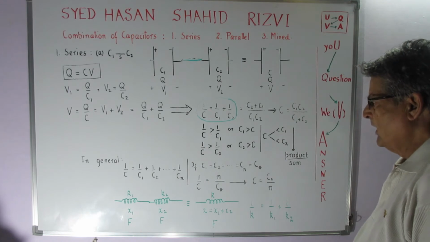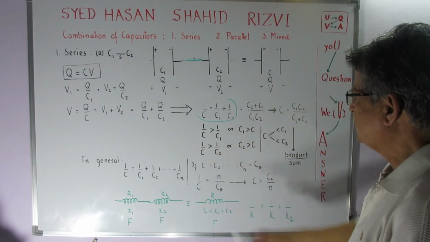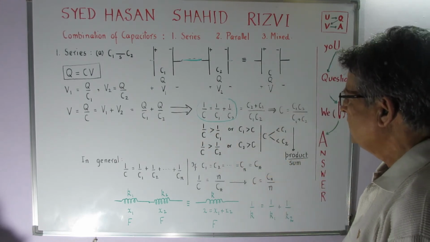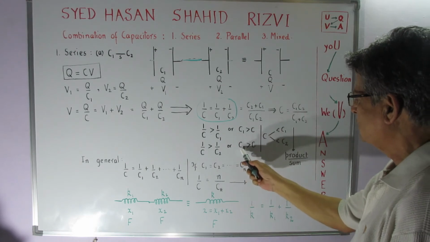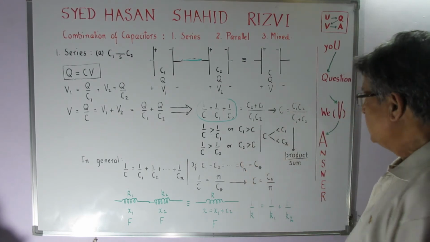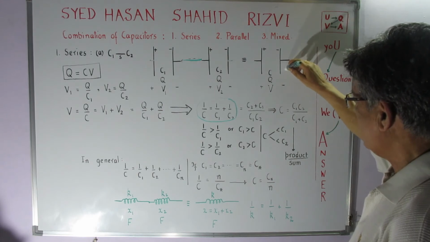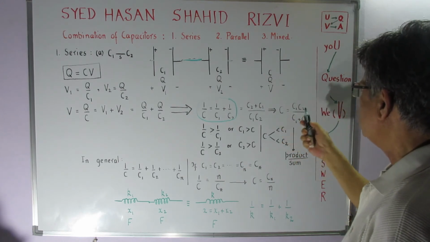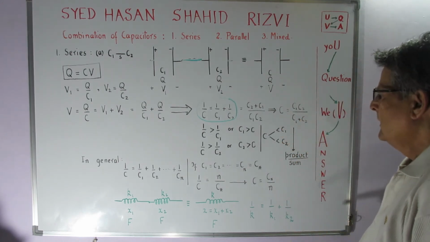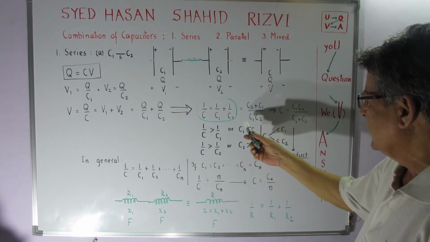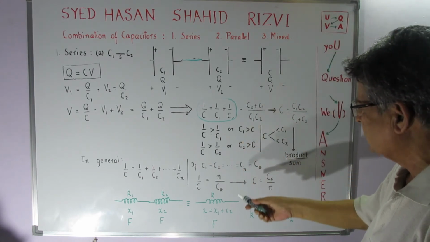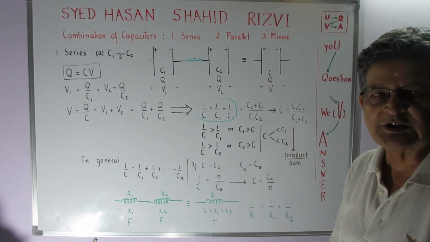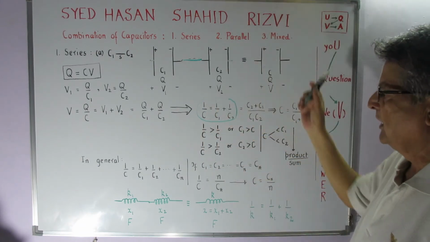So if I multiply both sides by C into C1, I'll get here C1, and here I'll get C. So C1 is greater than C, and similarly C2 is also greater than C. That means the net capacitance which we obtain, the equivalent capacitance, that C will be less than C1, less than C2, less than C3, etc., and less than even the smallest value of C that is there in the combination.